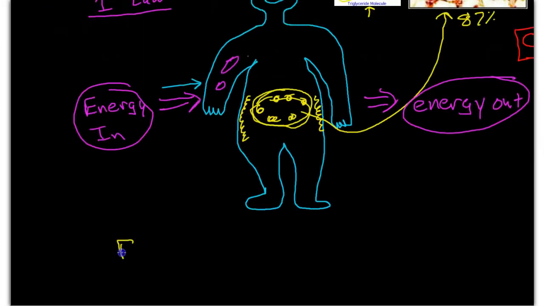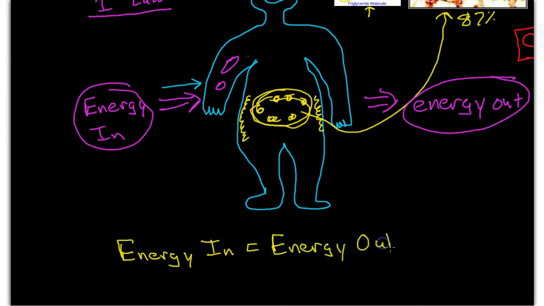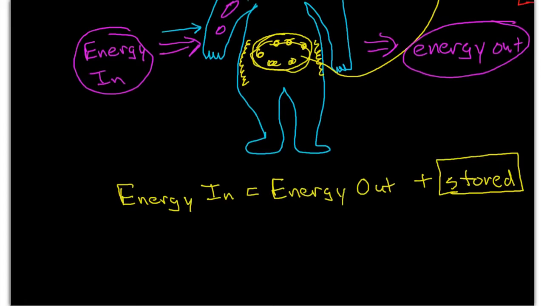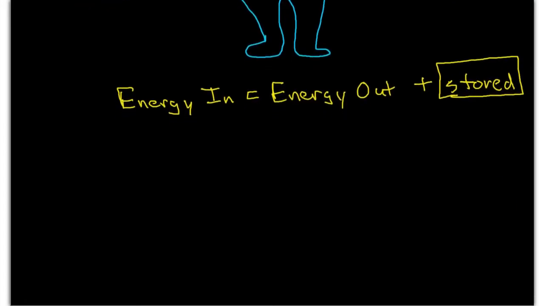Let's talk about a very simple formula here. In our bodies, energy in has to equal energy out plus energy stored. Now, we are concerned about weight loss, and remember, weight loss means that we need to have a negative energy balance. So we're really interested in what's being stored in the adipose tissue.